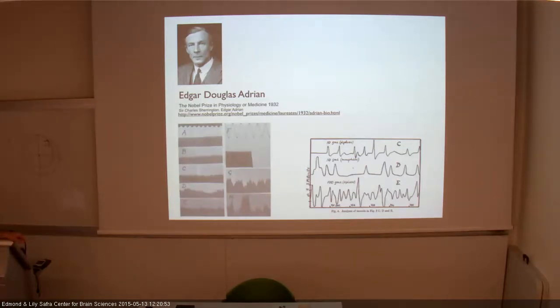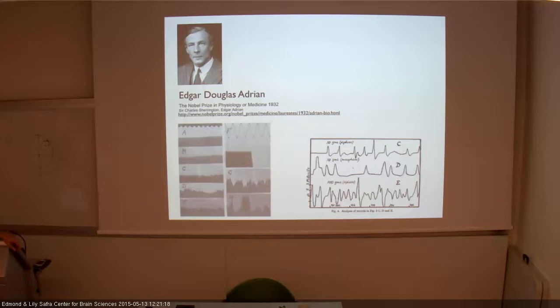So I want to introduce you to Adrian. Anyone heard of Adrian? Okay. So Adrian won the Nobel Prize in 1932, and in some ways he's considered the father of neural coding. He was the first one to talk about how information is coded in the nervous system.